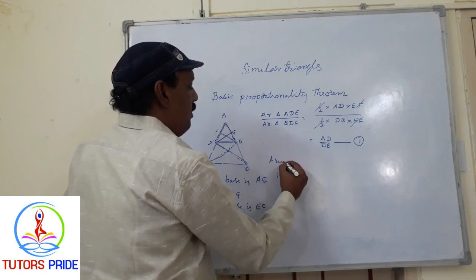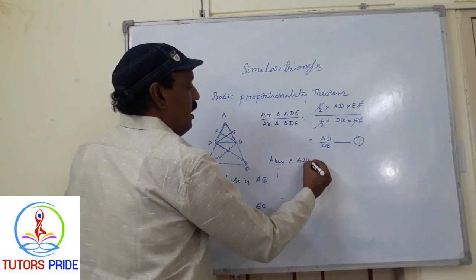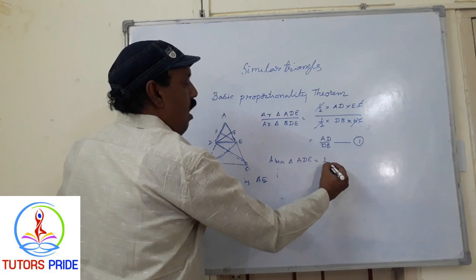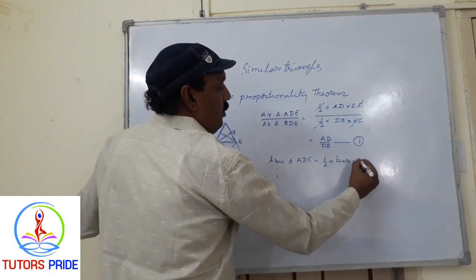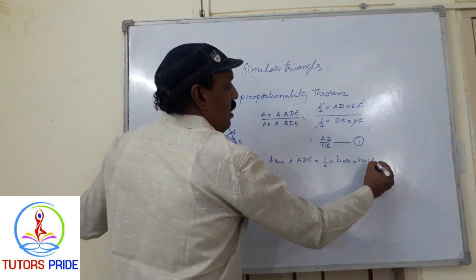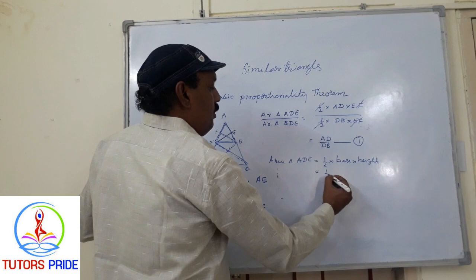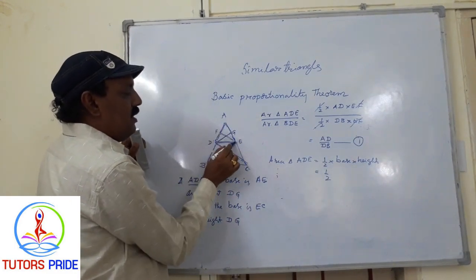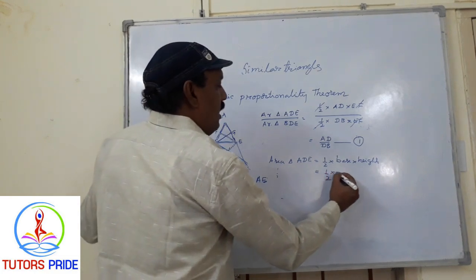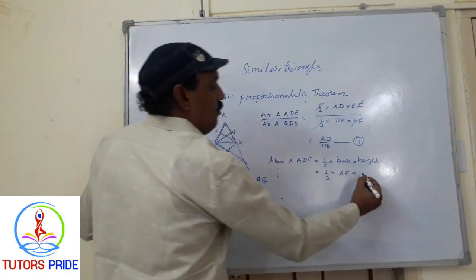The area of the triangle ADE is equal to half into base into height, and here the base is AE and the height is DG.